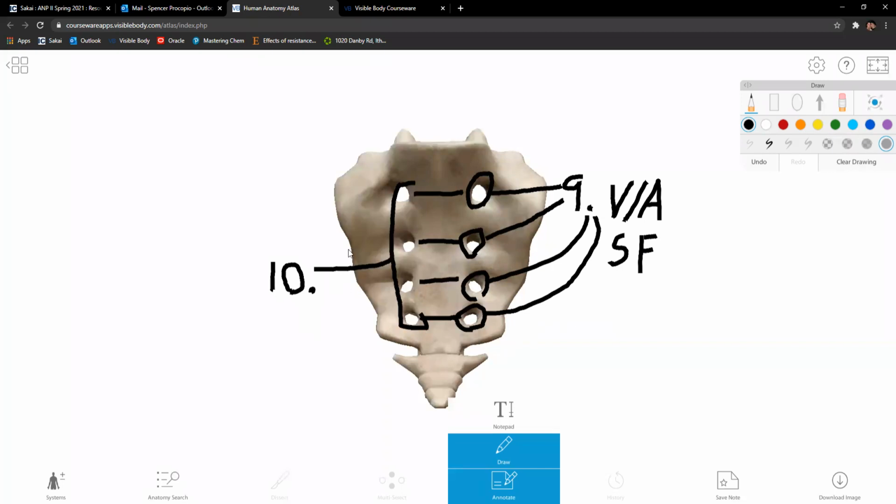And then for number 10, these lines that I drew in, their name is a little self-explanatory. They're just called the transverse lines. And these run right in between the ventral sacral foramina, as you can see. All right, so we'll get another angle and come back and do a couple more.